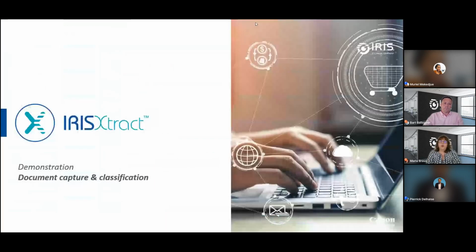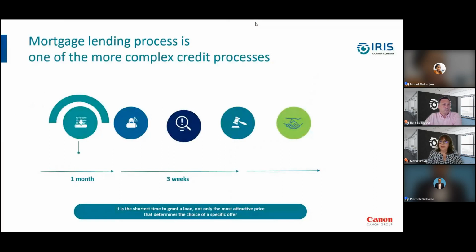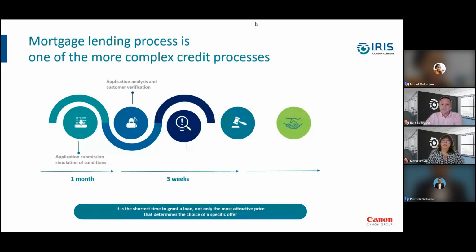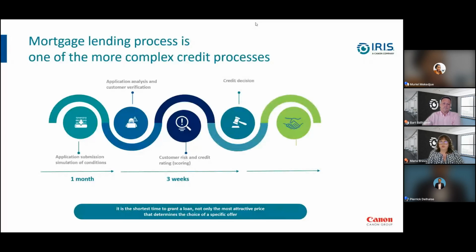Thank you, Bart. So I'm totally reassured that I have a very modern bank helping me with my mortgage loan. I know that this process is one of the more complex, and it takes a significant amount of time. Yes, banks need 3 weeks to analyze the application, to verify the customers, and to send the application to the credit department before we can have the credit decision.